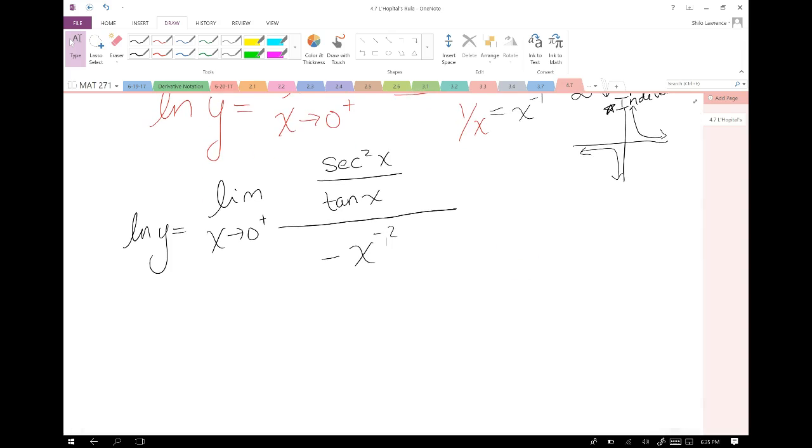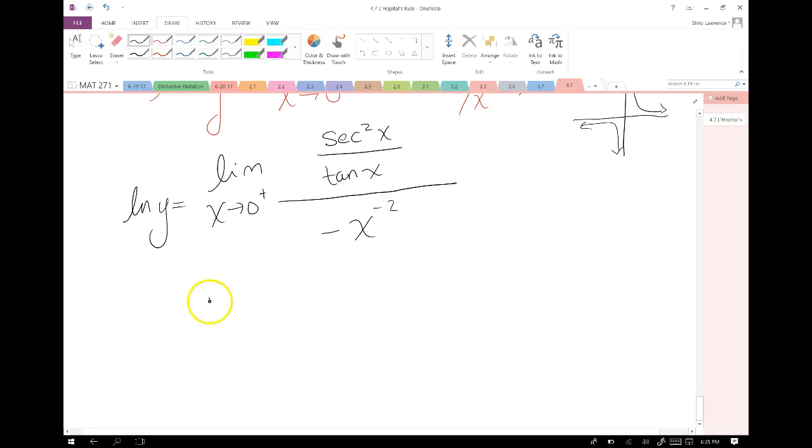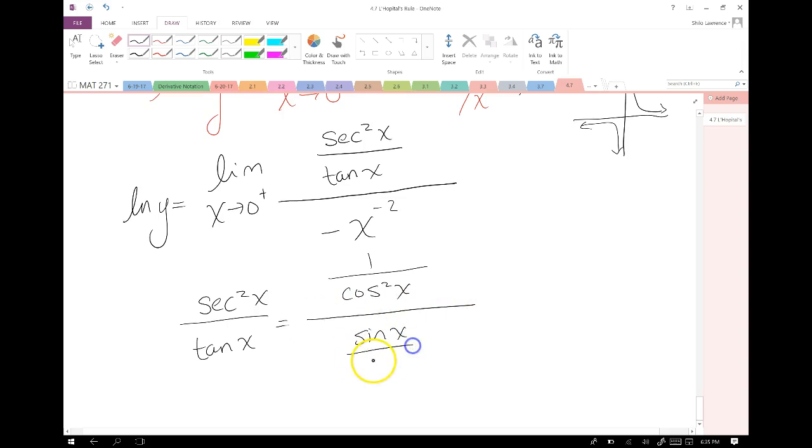I'm going to abandon my little equation here and just try to fix that secant squared over tan. Well, secant squared is 1 over cosine squared. Tangent is sine over cosine. Instead of dividing by this fraction, I'm going to flip and multiply. And I can cancel 1 from each of those spots. So that turns into 1 over sine times cosine.